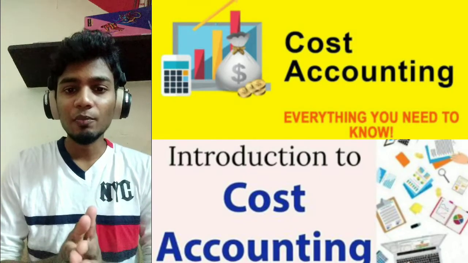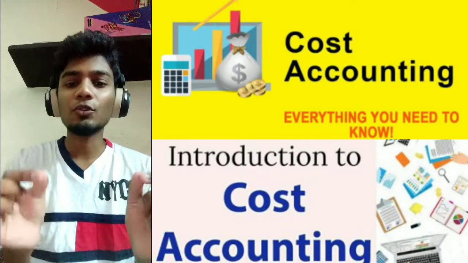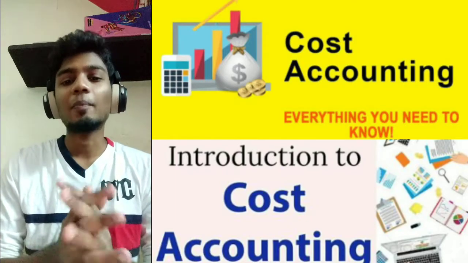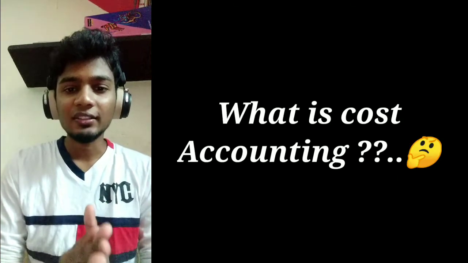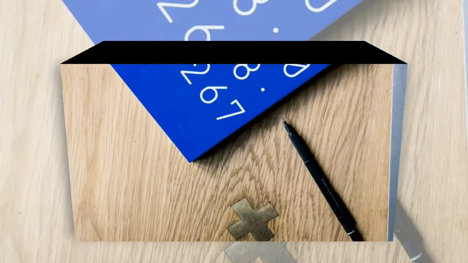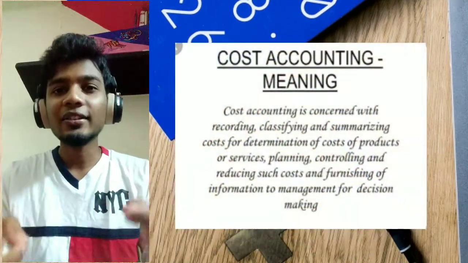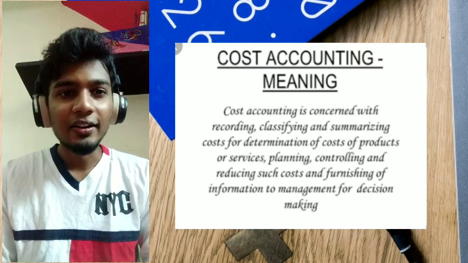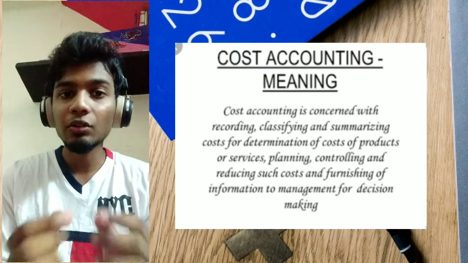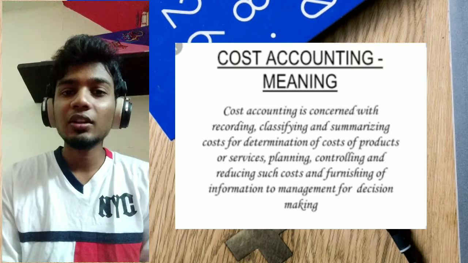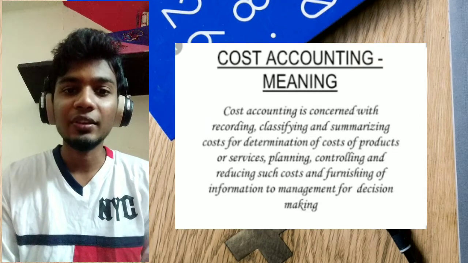Before going to this topic, we need to know the introductory part. Let us move on to the definition of cost accounting. What is cost accounting? Cost accounting may be defined as accounting for cost, classification and analysis of expenditure of total cost of any particular unit of production with a reasonable degree of accuracy.